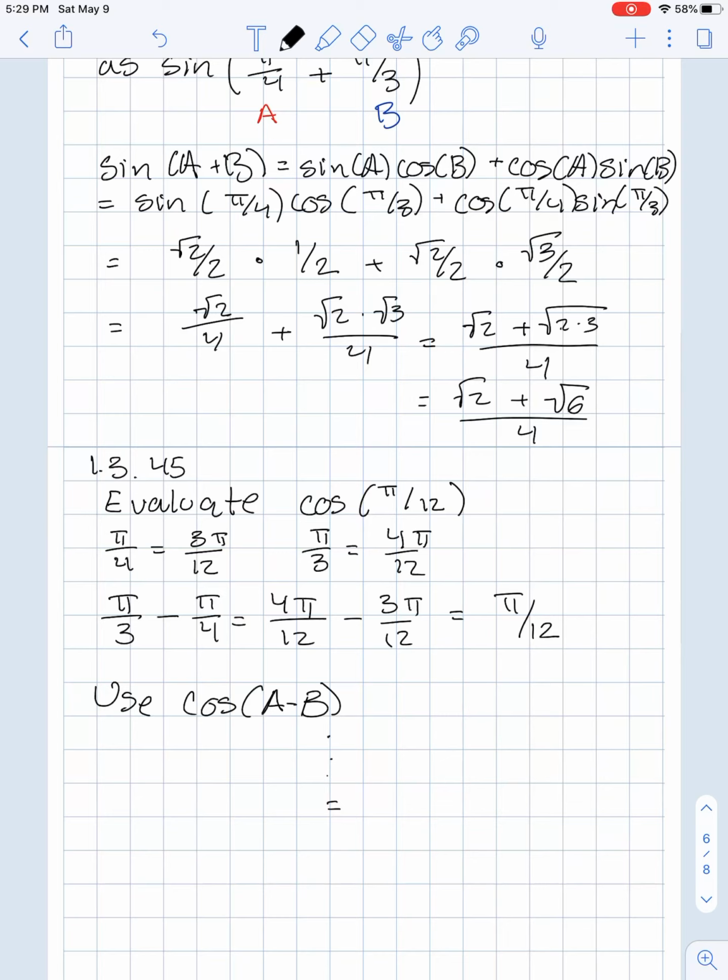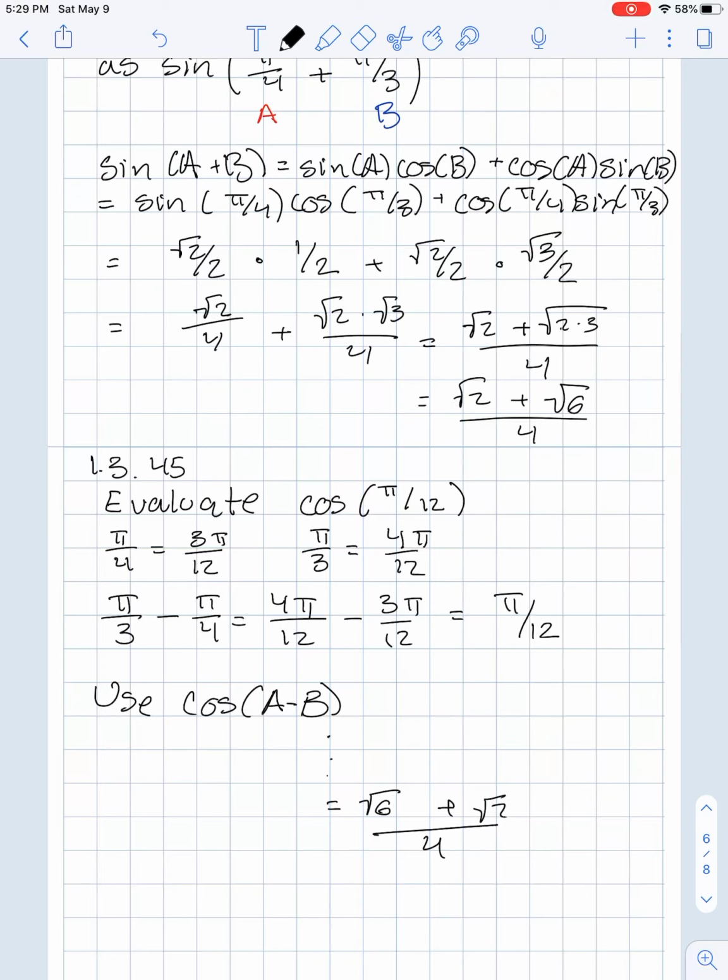I think I should get square root of 6 plus the square root of 2 over 4. Let me know what you guys get.